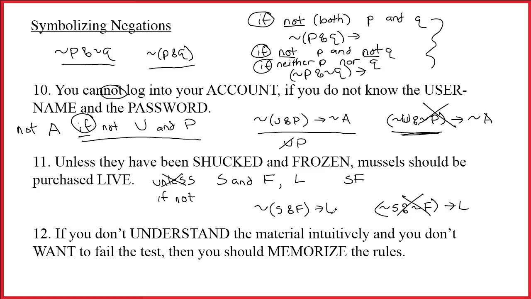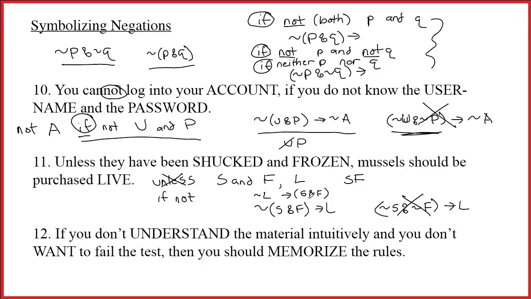We have mentioned that you can switch the sides of a sentence if you change the values. In this case, it might help a little bit to notice that we could put the L first if we negate it, and then on the other side we could put the S and F. And so what does this sentence say? If they're not live, then they ought to be shucked and frozen.